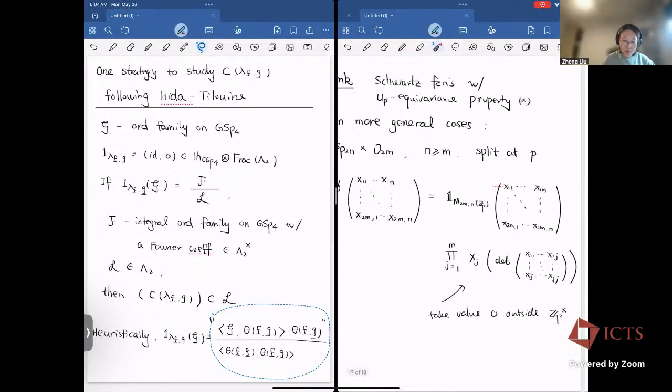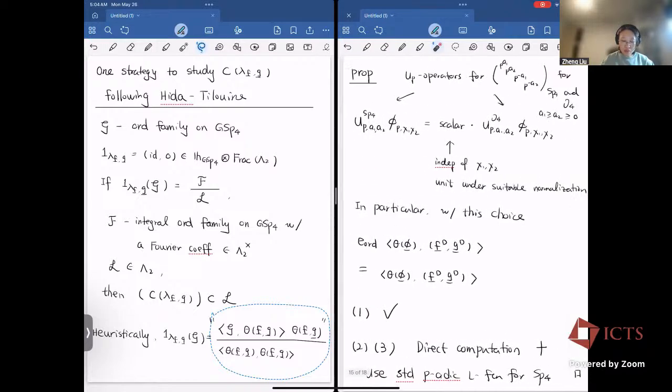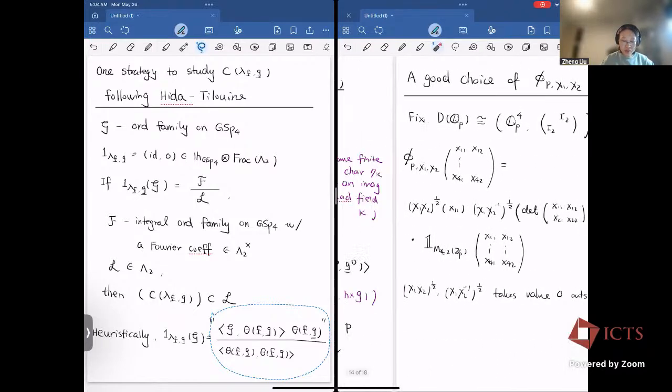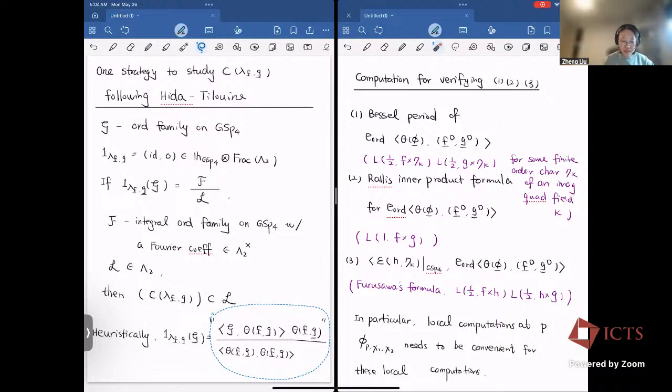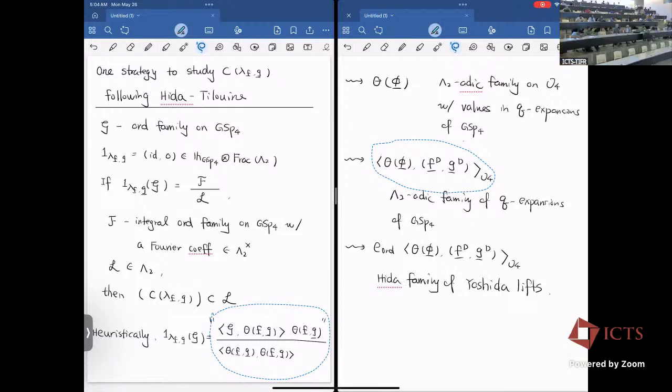Yes, O4, because it's compact, there is a well-defined Petersson inner product also with the modification at p. Yeah, this can be defined for families, interpolating the classical Petersson inner product with the modification at p. Okay, thank you. Okay.